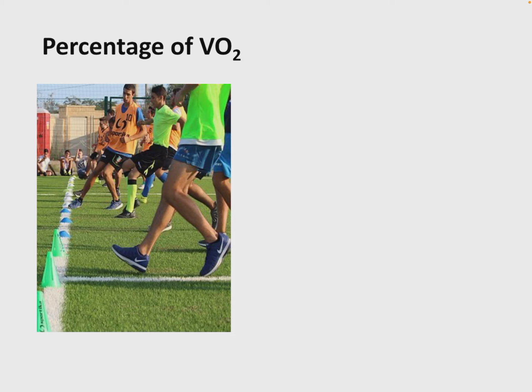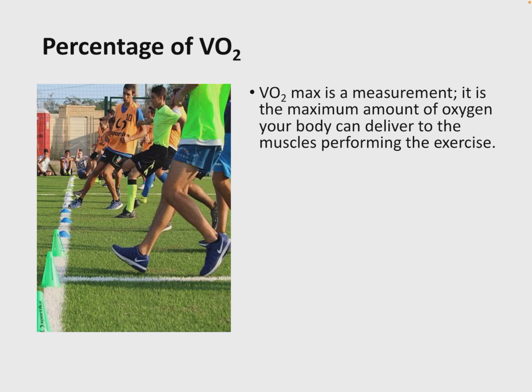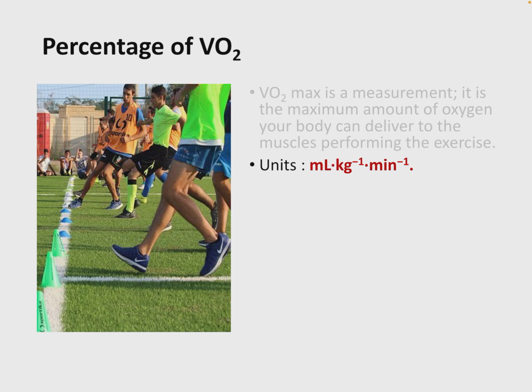If we knew a person's VO2 max, we could prescribe aerobic exercise based on a percentage of their VO2 max. So, for example, a prescription might be telling somebody to go for a 30-minute run at 60% of their VO2 max.